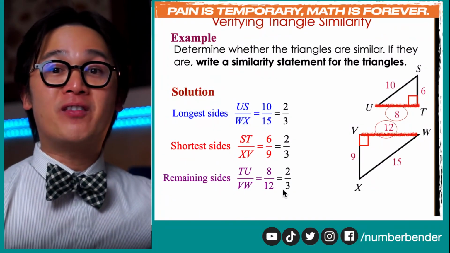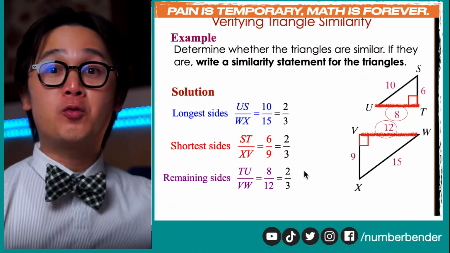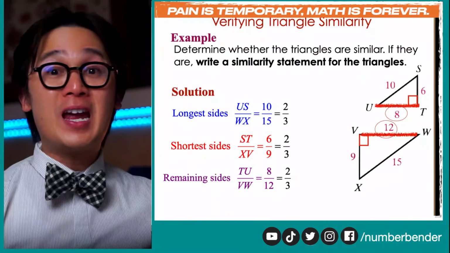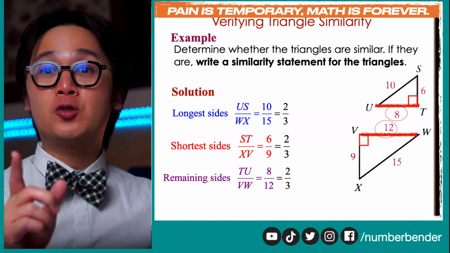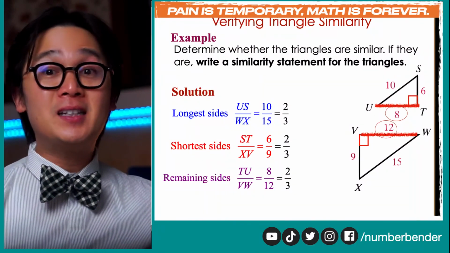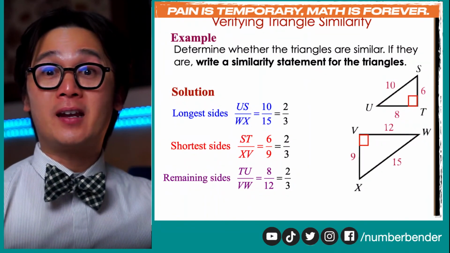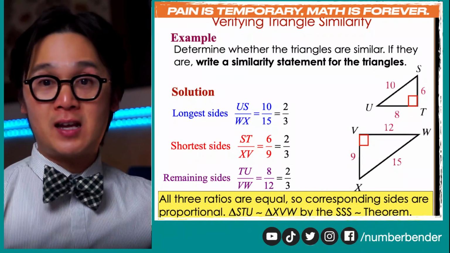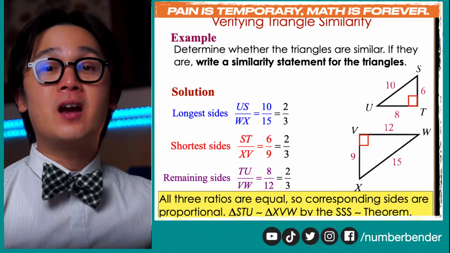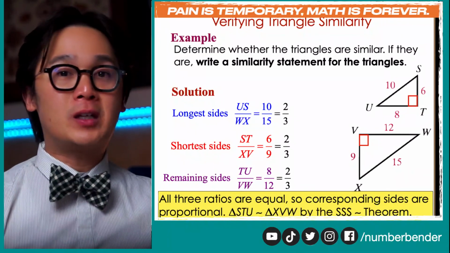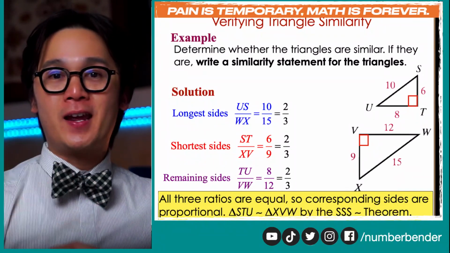And by simplifying the fraction, we are seeing that all three sides share the same ratio. Therefore, we can say that triangle UST is similar to triangle VWX using the side-side-side similarity theorem.